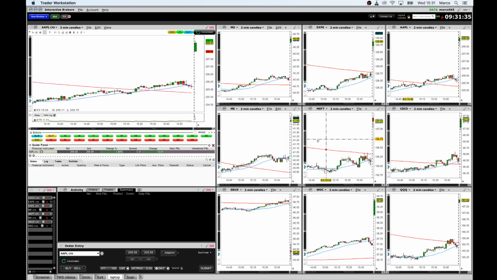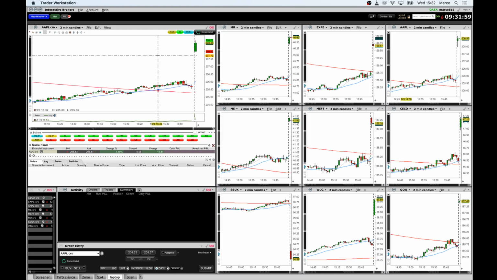MS will be something like 50 shares, but I think I will take Apple. If it stays strong like this, if it breaks above the high, I enter. So Shift 3 to buy.